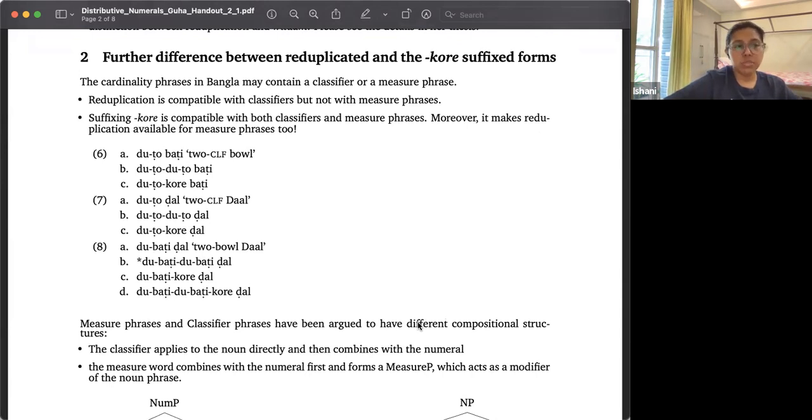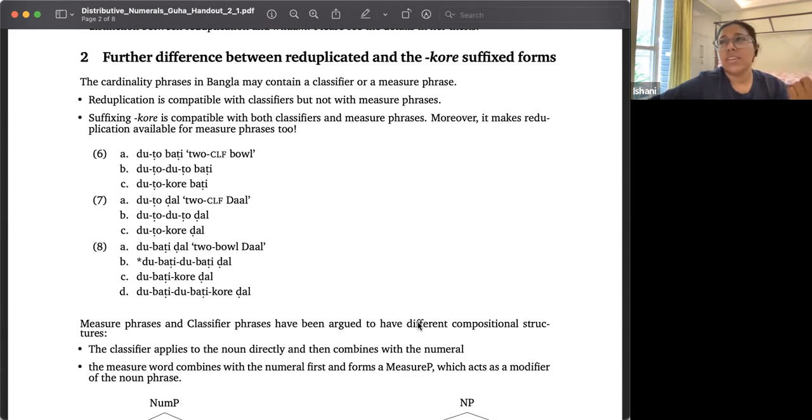The distributive numerals, distributive indefinites, are cardinality phrases. Now, there are two kinds of cardinality phrases, right? Not only for Bangla, for all languages. One contains a classifier, the other contains a measure word. So either classifier phrases or measure phrases.